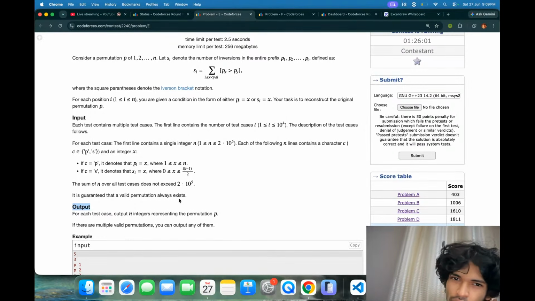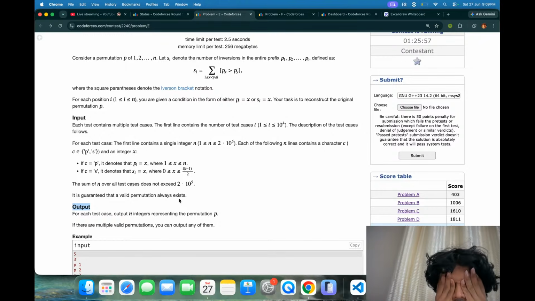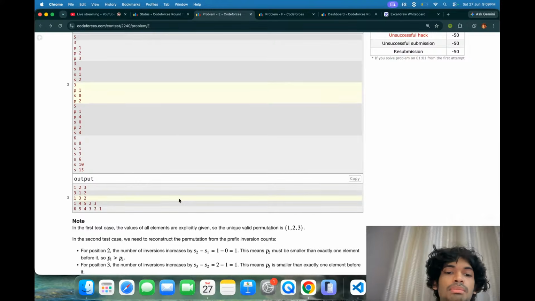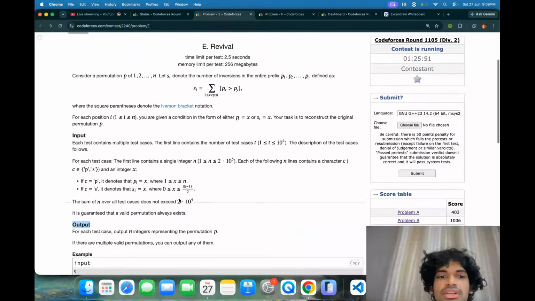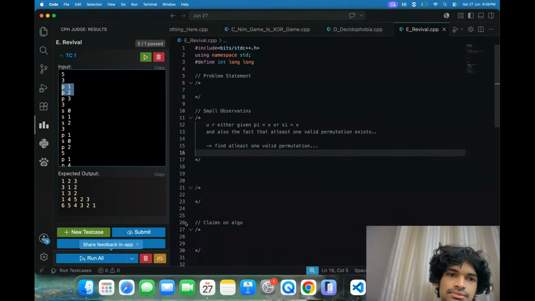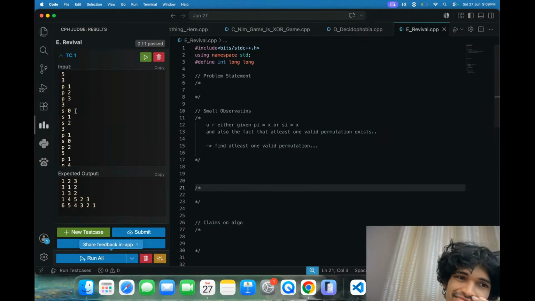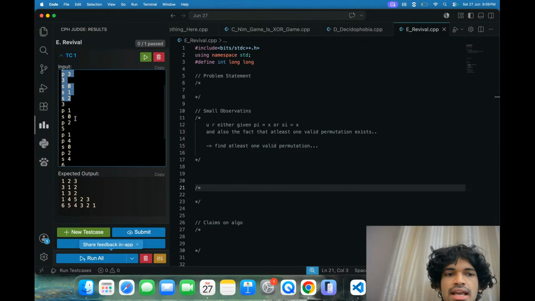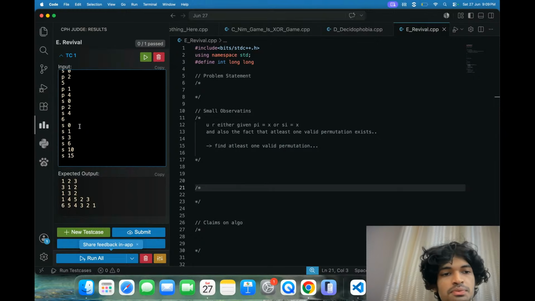But when things are mixed, how can you get something? When things are mixed, maybe there can be multiple, but still you should get one that satisfies everything. So that's what they are showing: P S S and then P S P, P P P S, P S P.